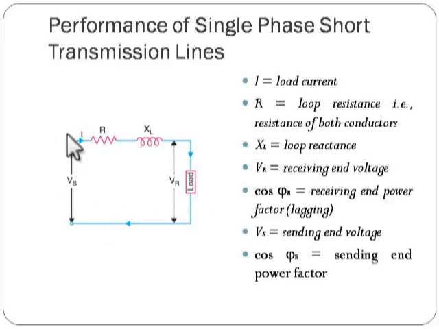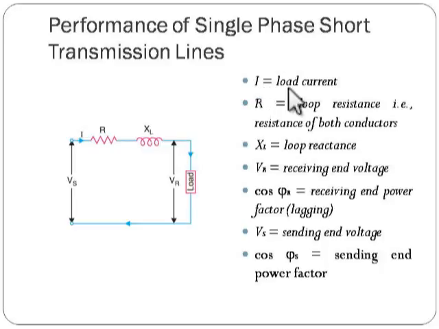This is Vs, the sending end voltage. My current I is circulating through the entire line. Across the load terminal, we get the receiving end voltage. This condition is adopted for a short transmission line, so the effect of capacitance is absent due to its short length.